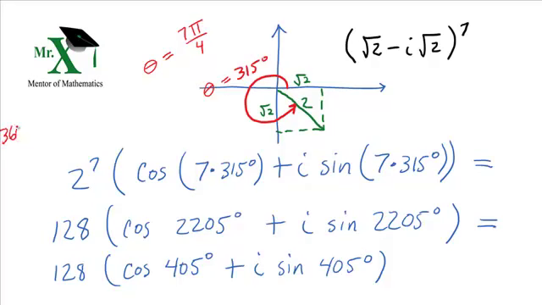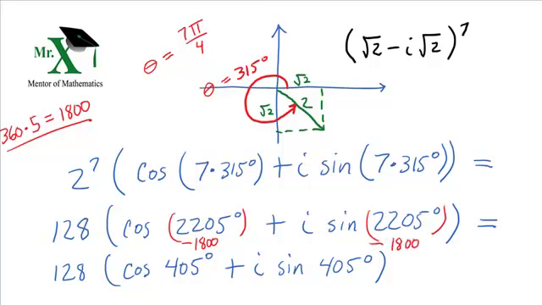If you understand that 360 times 5 is 1800, then we could reduce this number by 1800. Actually, there's another 360 to go. I'm doing this in one extra step. Now, in order to get the numbers we're interested in, we're going to subtract another 360.